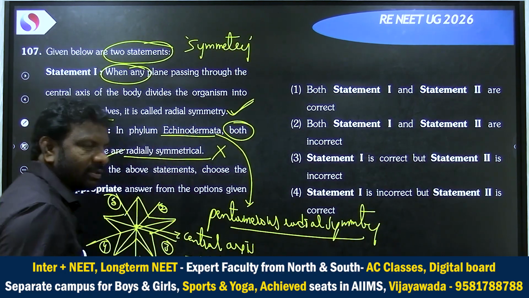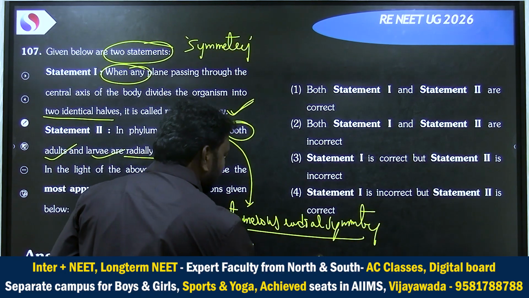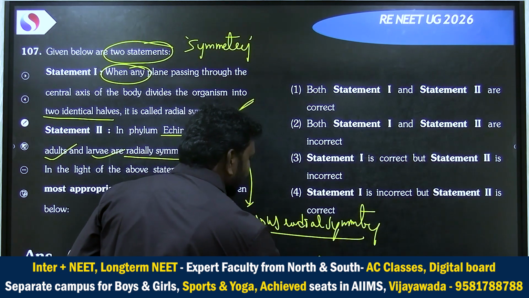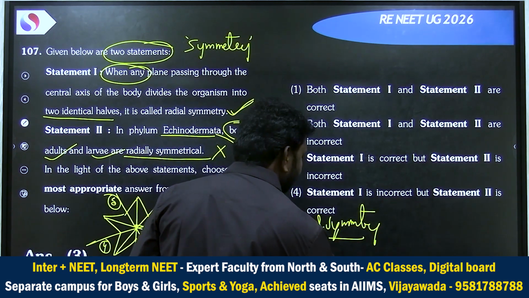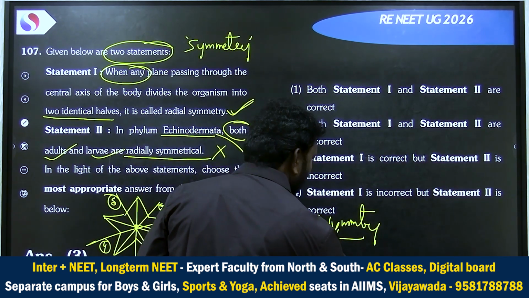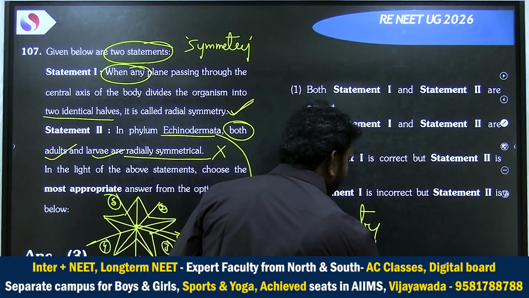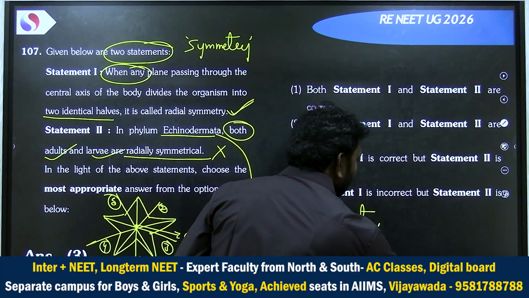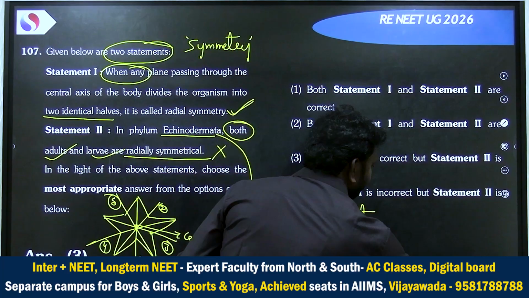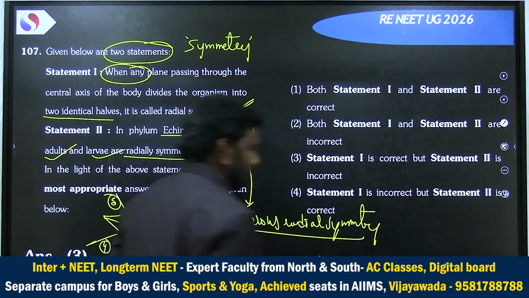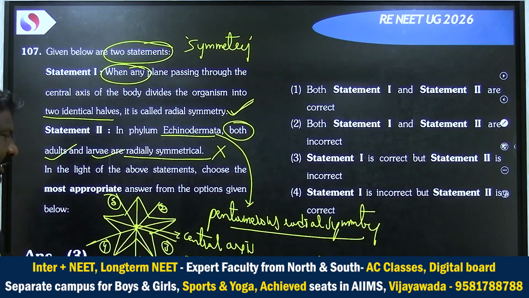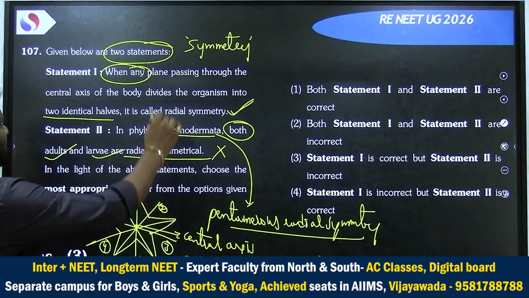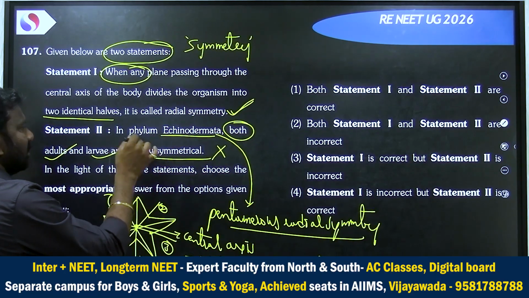It is exhibited by adult echinoderms, not larva. Larva exhibits bilateral symmetry. That's why the first statement is correct, the second statement is wrong.